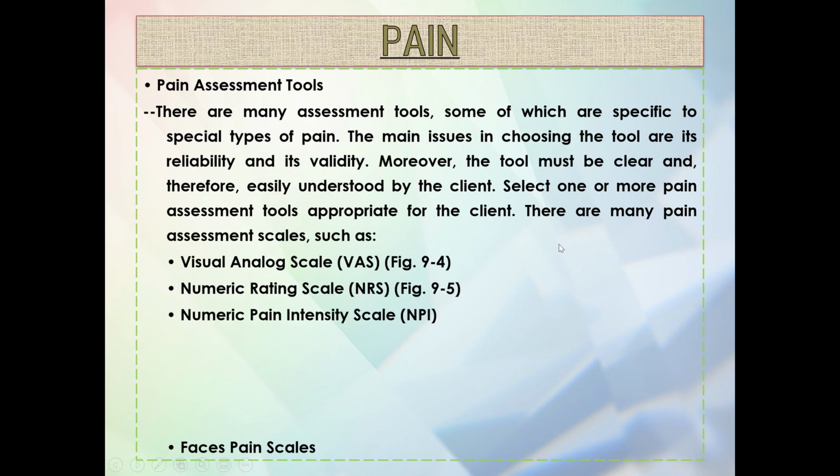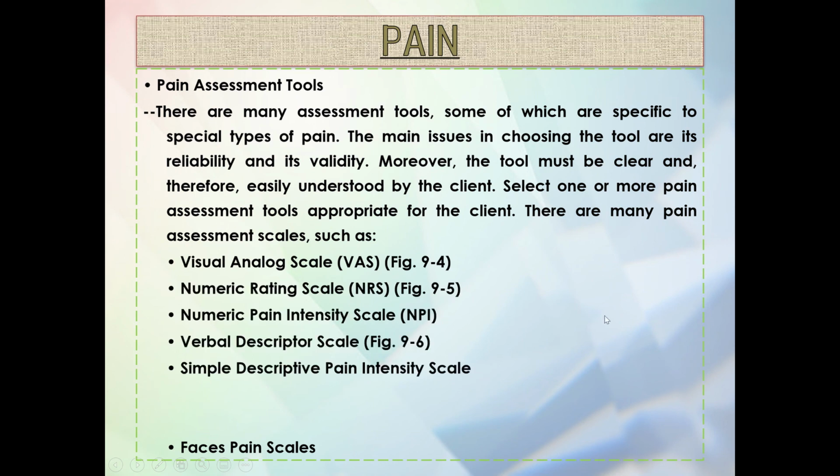So there are many assessment tools, some of which are specific to special types of pain. So in choosing or identifying which pain assessment tool we will use, we have to select based on how the patient understands the pain scale and how reliable and valid the tool is, because there are quite a lot of them.